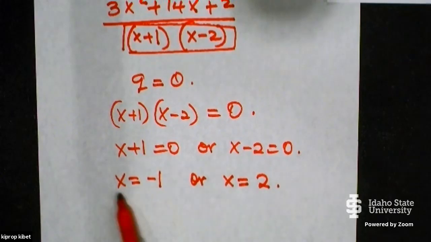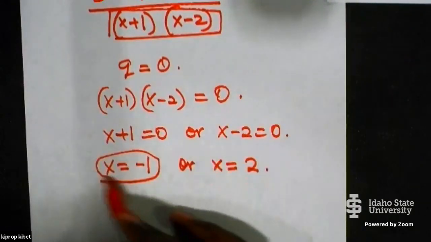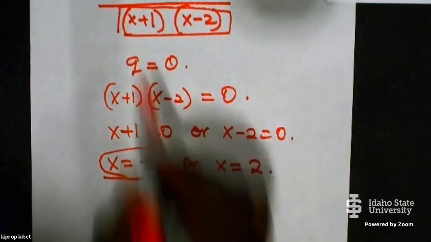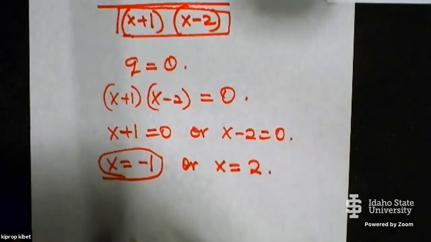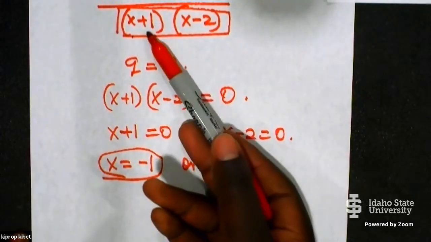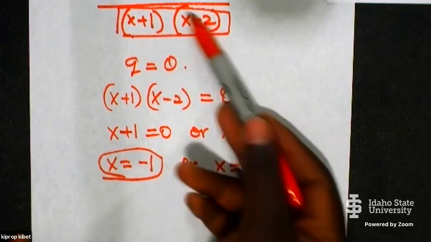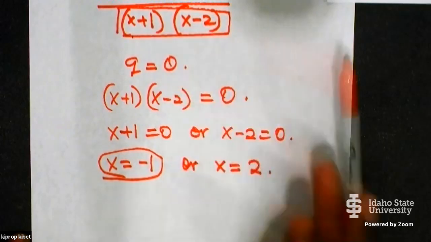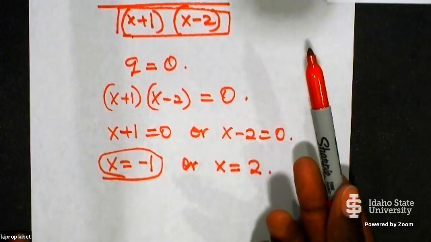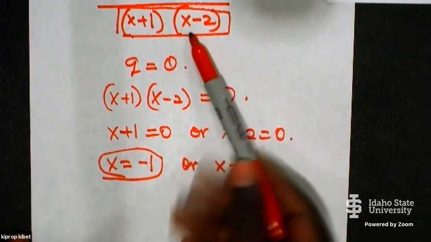Because if you replace x with -1, you get -1 plus 1, which is 0, right? 0 times x minus 2 is 0, right?